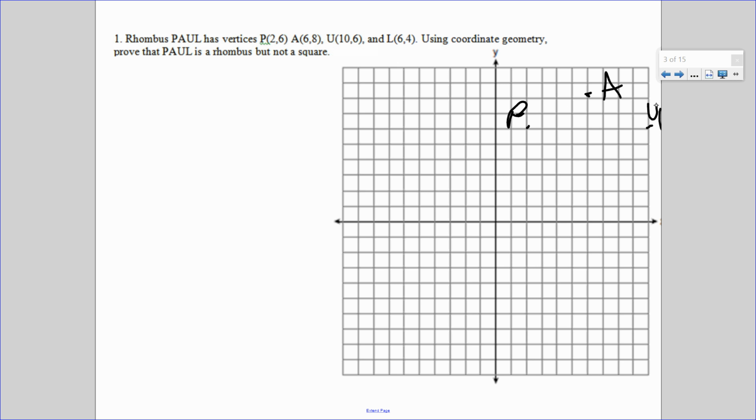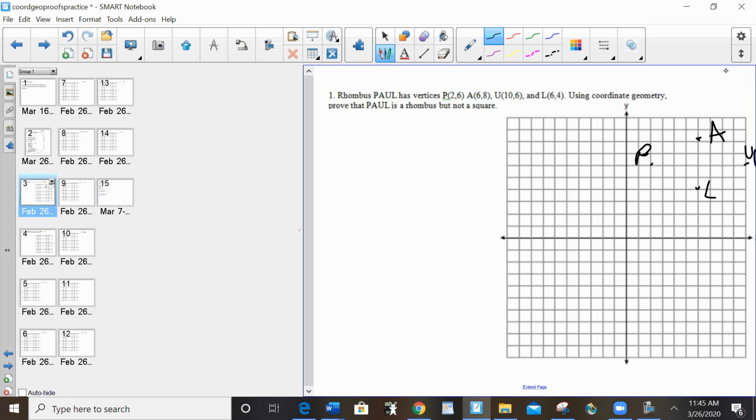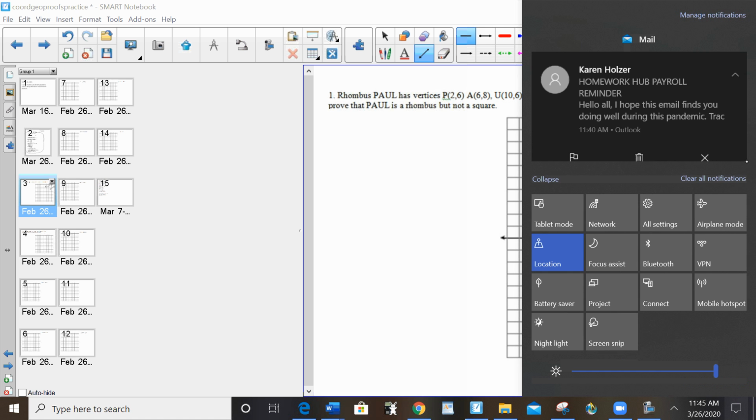And L is 6, 4. Let's try and keep this as neat as we can.